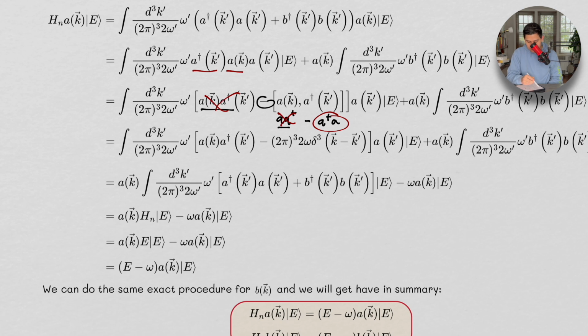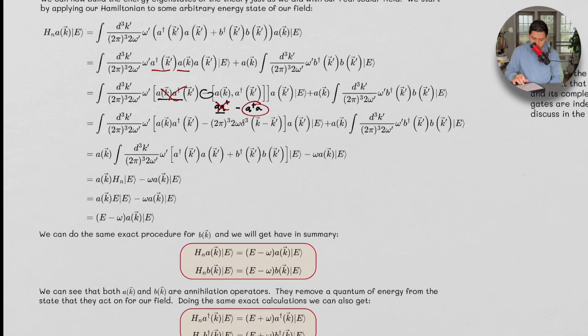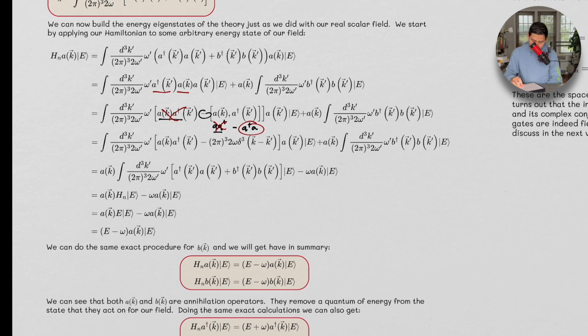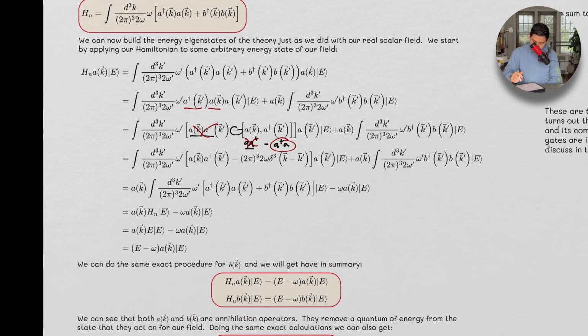So we can see how we got from here to here times our a again, which is just right here. Then from here to here, this is our commutation relationship as we've said up here.